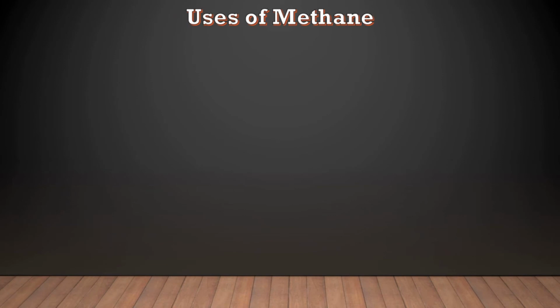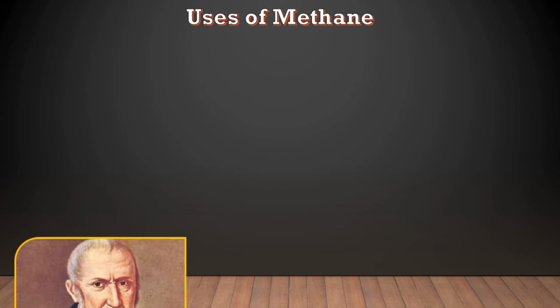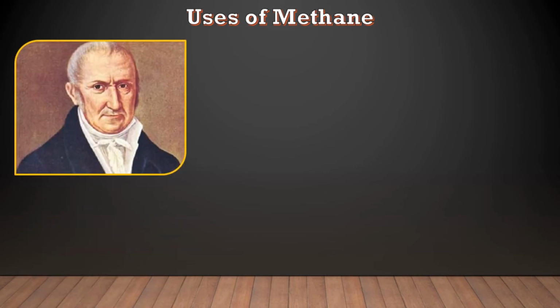Let us discuss some more uses of methane. Methane gas was discovered by the Italian scientist Alessandro Volta between 1776 and 1778 while he was studying the gases found in marshy land.